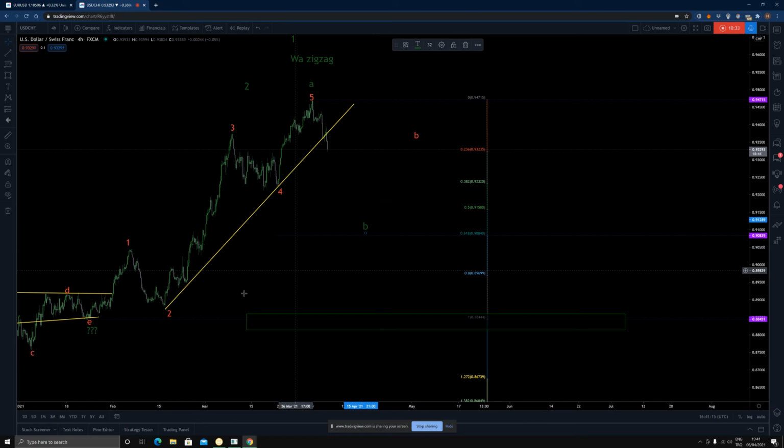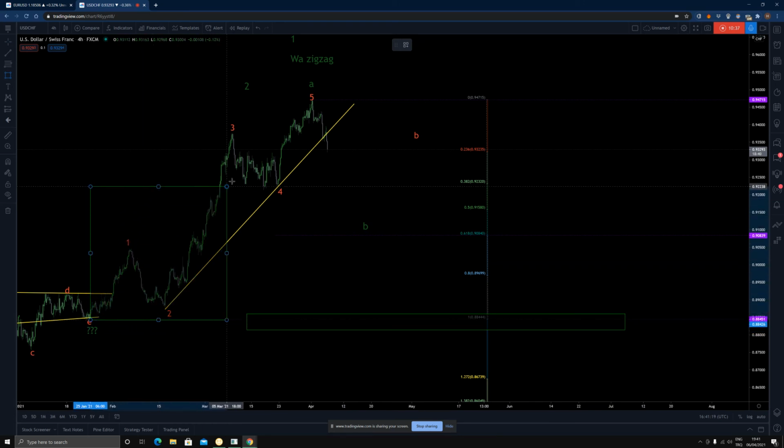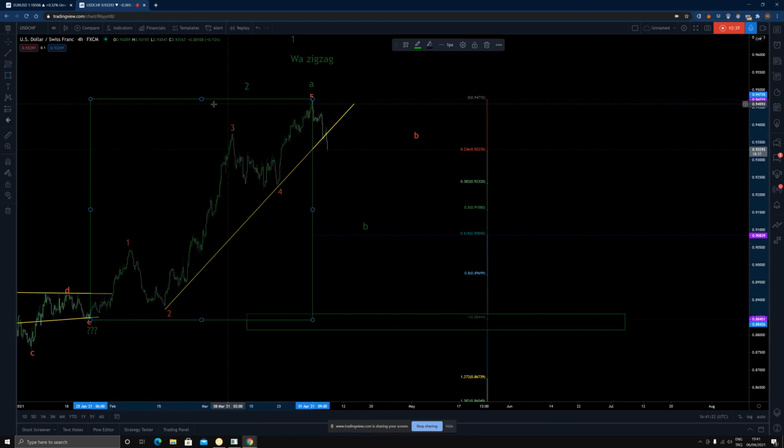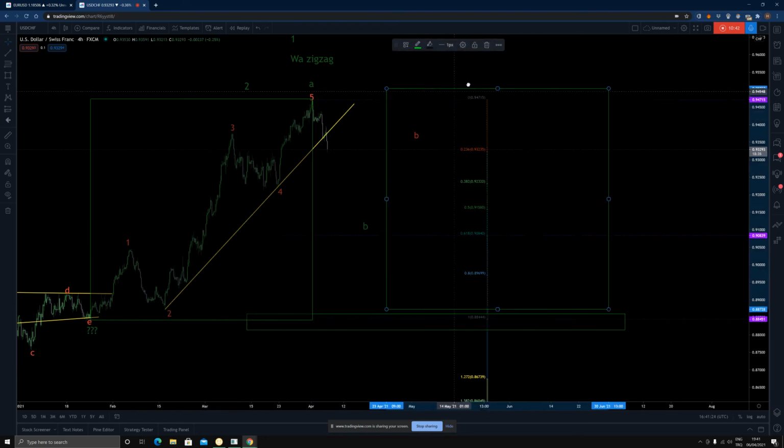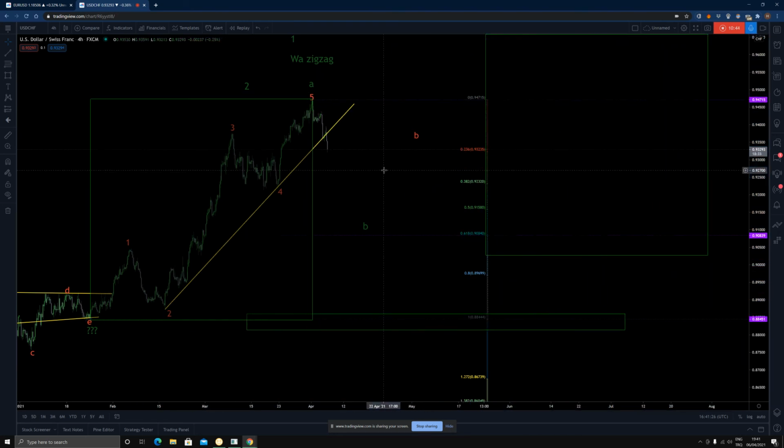Also, if you're thinking that this is a zigzag, you can take the time taken for wave A and put it on the right side, so that you have a little bit more room to play with. So you have more idea now for the next move up.